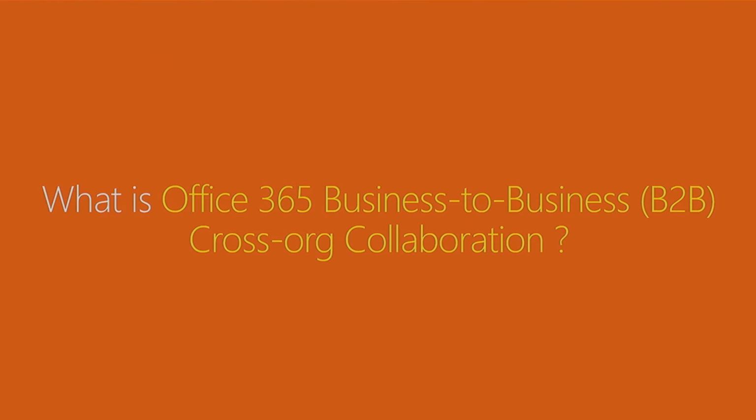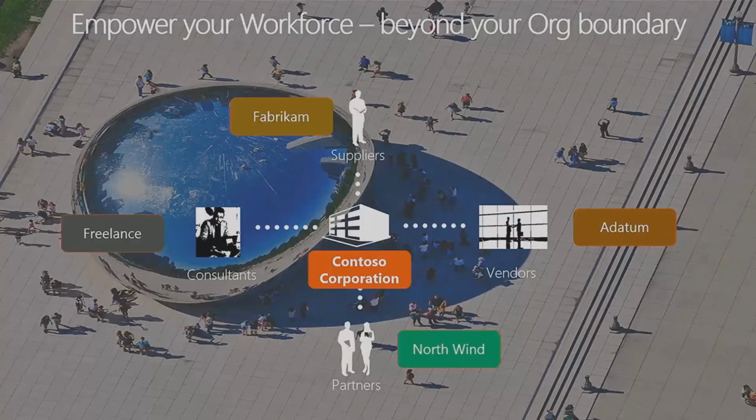So let's start with what business-to-business or cross-org collaboration is. Typically, for any given organization, let's say Contoso in this picture, they work with outsiders such as suppliers, partners, vendors, or consultants. This is a very common scenario. Think about an auto manufacturer.